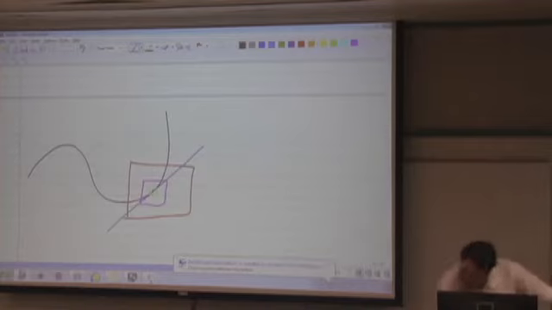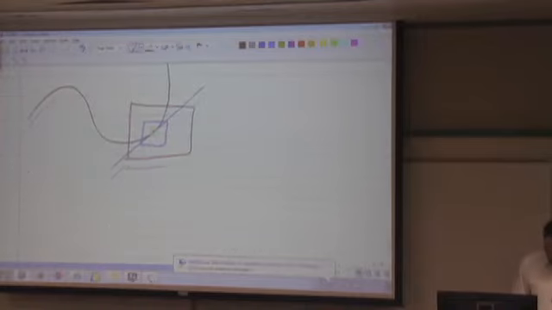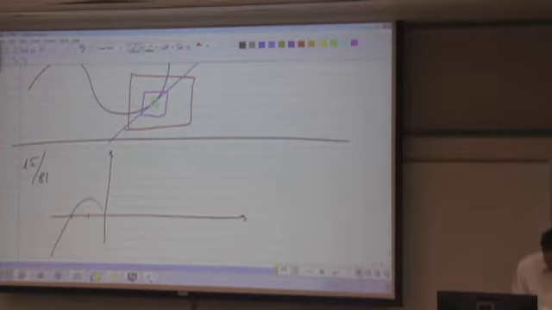Okay, so let's see. Let's look at number 15. I think that's actually an interesting problem to look at, and it'll require me to graph these. So let's see.